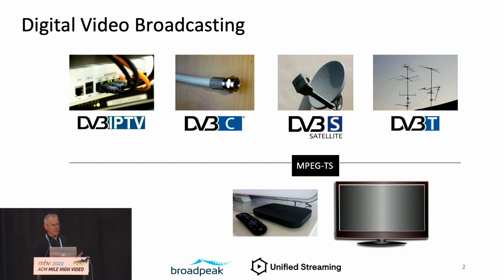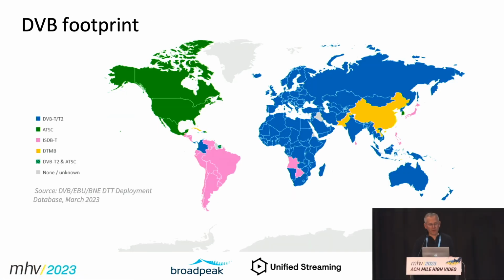Anyway, all this is based on MPEG-TS. It's been, and it's still based on MPEG-TS, right? So that represents mostly what DVB did. The footprint of DVB, however, is quite big. Here what you can see on the screen is a footprint for the digital terrestrial TV. It is something, right? So the organization is impactful, I would say.